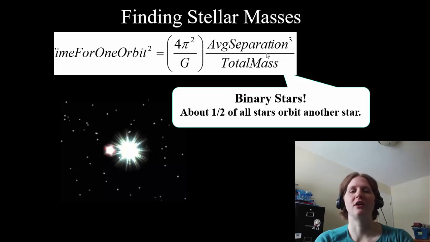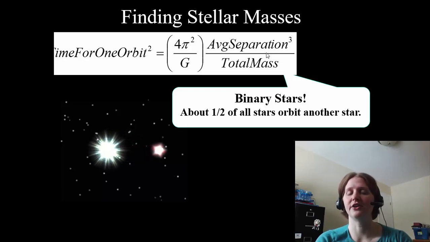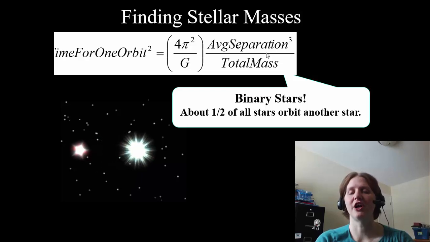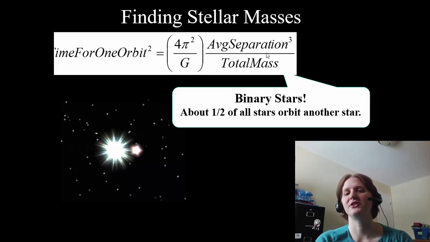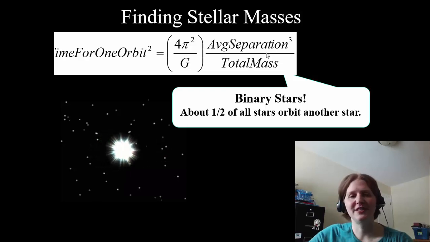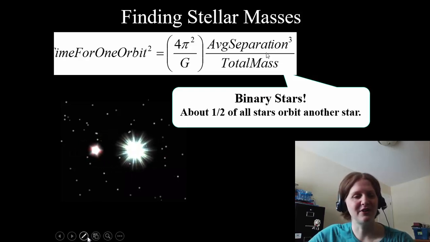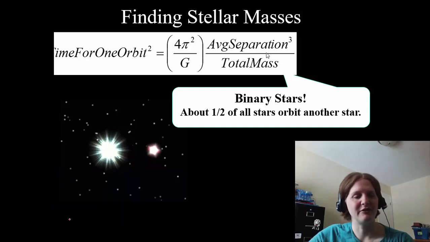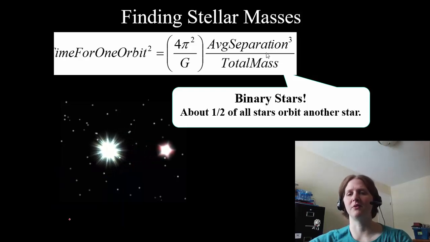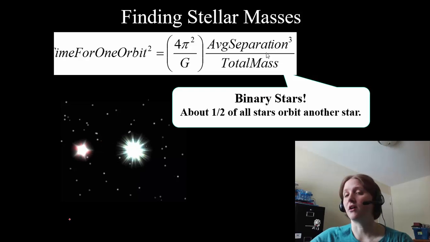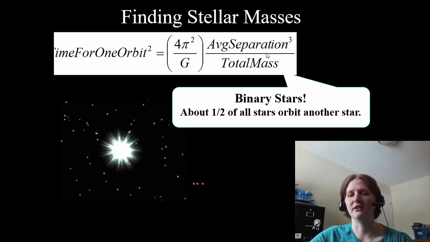Binary stars are not rare. Binary stars are really common. About half of all stars orbit another star. If that's confusing to you, let me draw a little diagram. A lot of times when I say that, people think that means that all stars should be in a binary system.